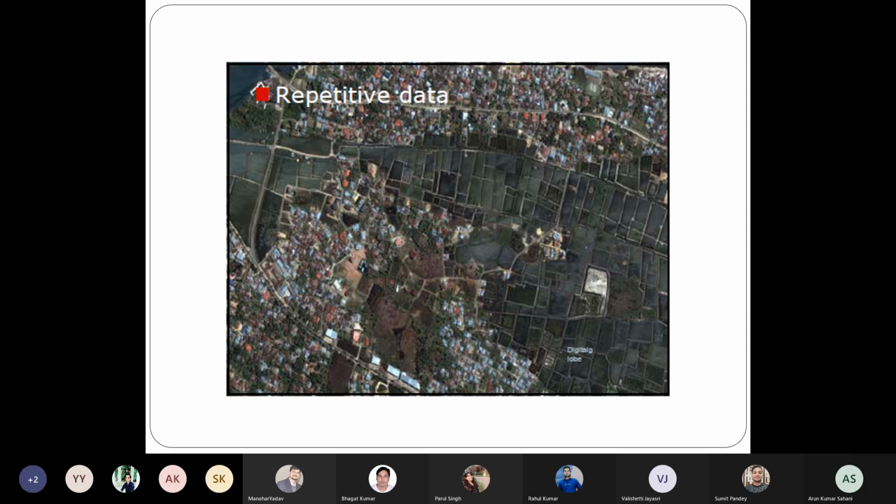This is an example of repetitive data using satellite-based remote sensing technique. At regular intervals, you can acquire images of the same area, so temporal information is available. By comparing images acquired at two different times, change detection can be done, like how much change occurred during that period.